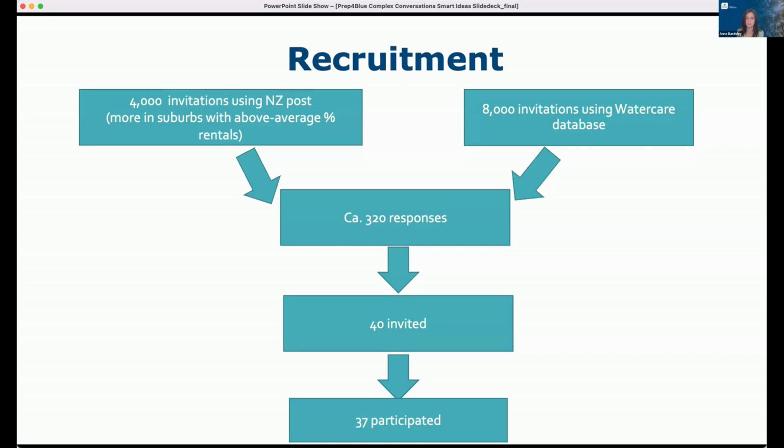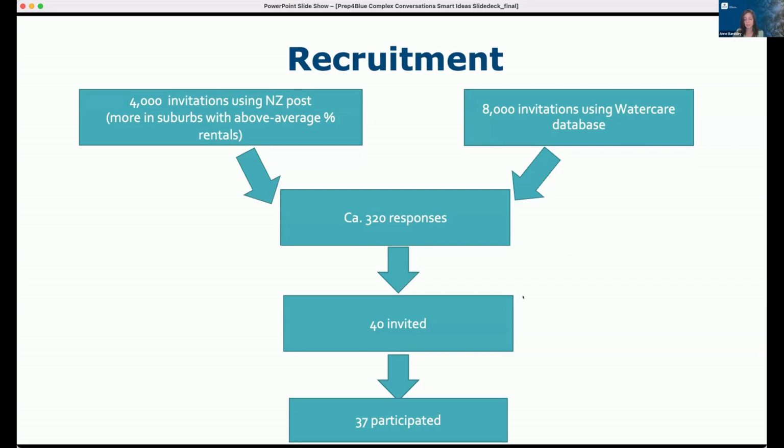So we wanted to make sure that we had a balance of homeowners and renters appropriate to reflect the census data. We got out of those invitations about 320 responses, so close to a 3% response rate, which is pretty typical. So you have to send out a lot of invitations in order to get a real representative sample.